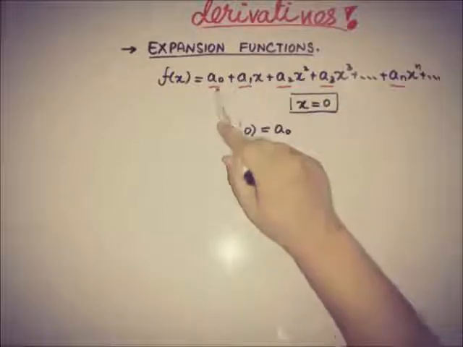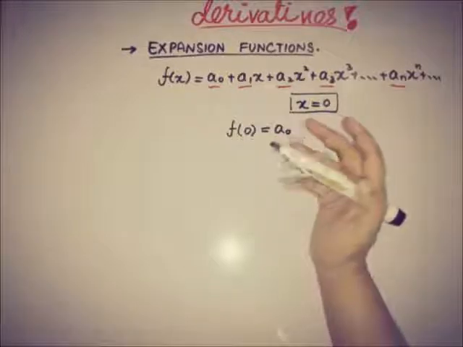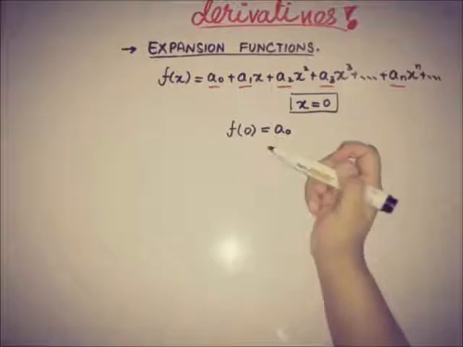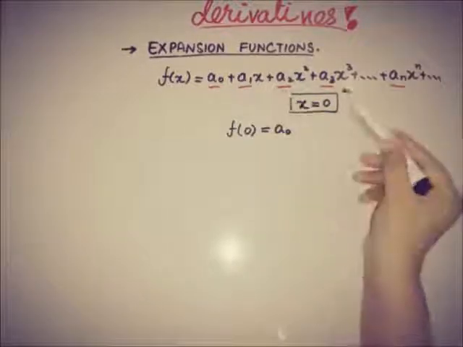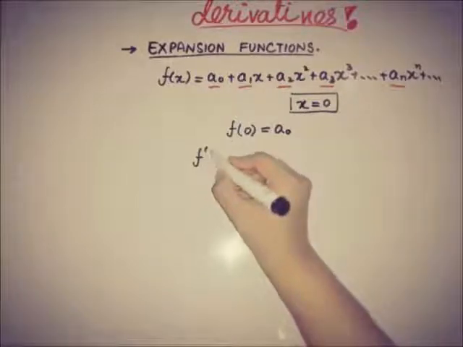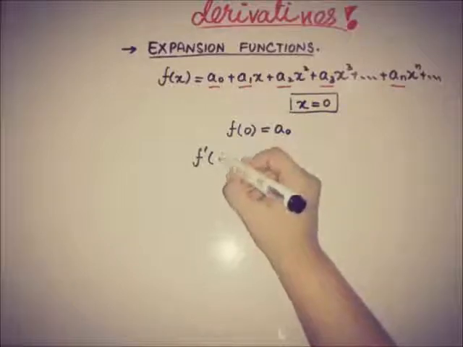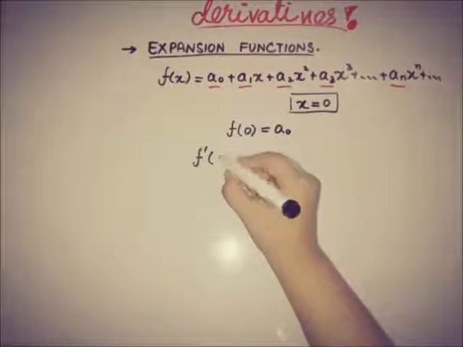So the value of a0 will come out. But while talking about the values of other coefficients a1, a2 and a3, taking derivatives will be helpful in finding the values of all of the other coefficients.